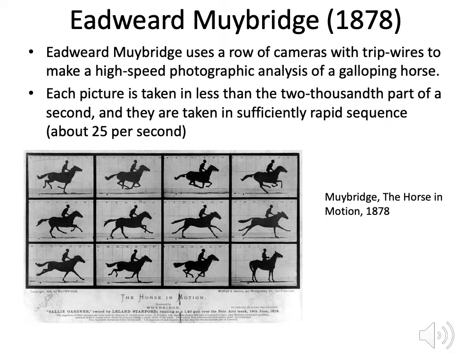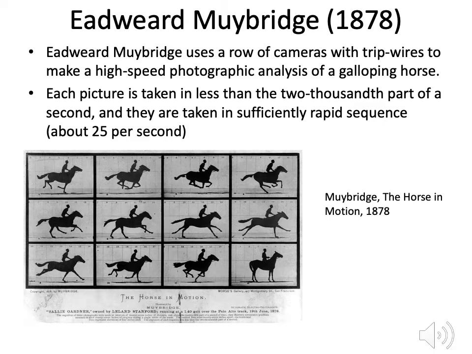There's a rumor saying that this was conceived because Muybridge and his colleagues had a bet going. Some of them were saying that when the horse is galloping, all of his feet at some point are completely off the ground, and some other people said, no, that's not true.